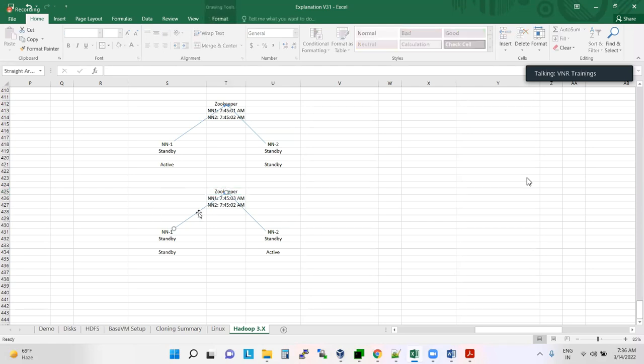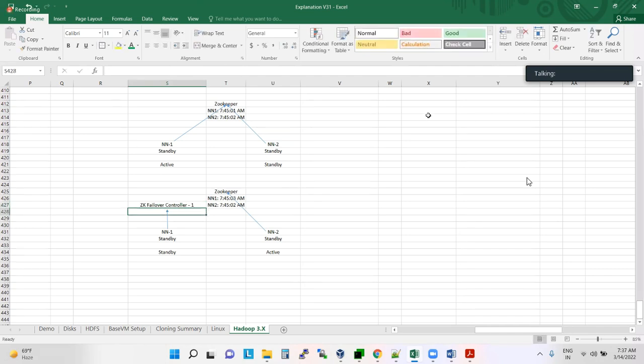To avoid this, in the next architecture, what the Hadoop people have done is they got a new service here: the Zookeeper failover controller. Sir, was Zookeeper introduced in 3.x?